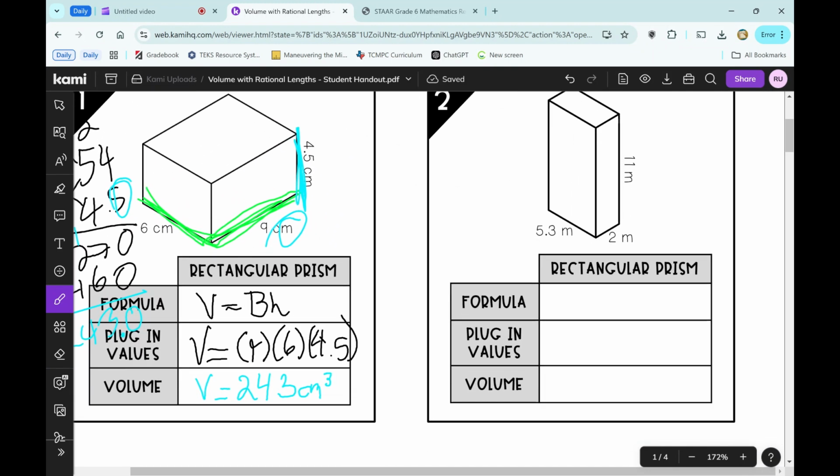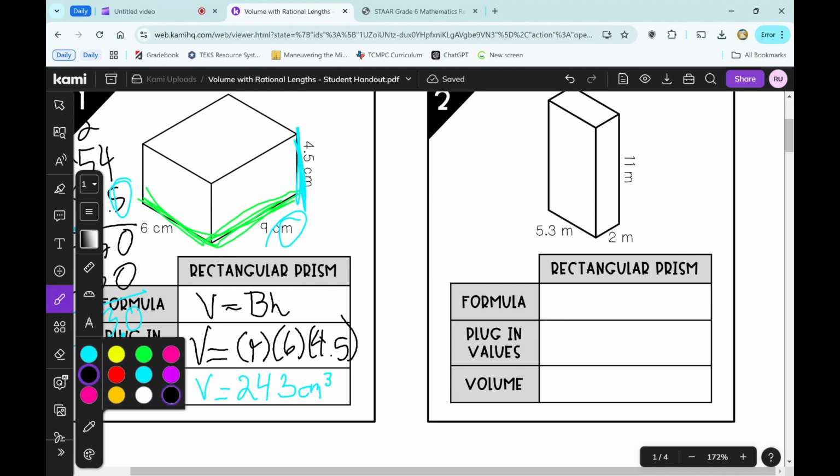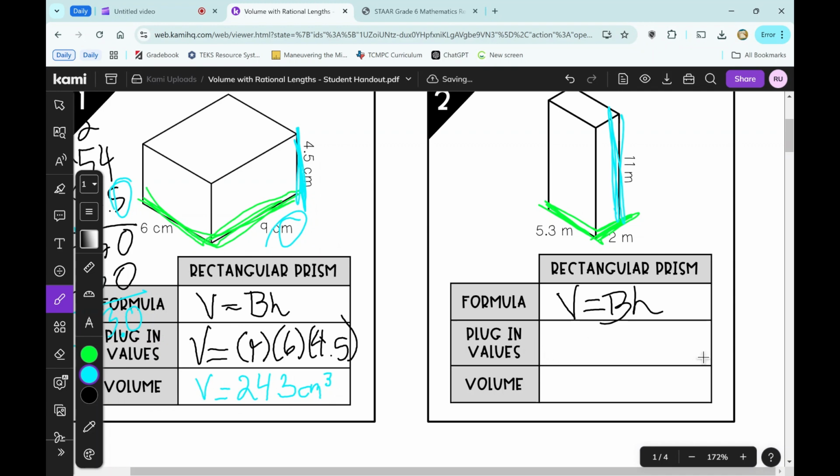So you're going to follow the same process for this next shape right here. Volume is equal to base times height, knowing that you're paying attention to these two numbers as the base, and this is the height of the shape.